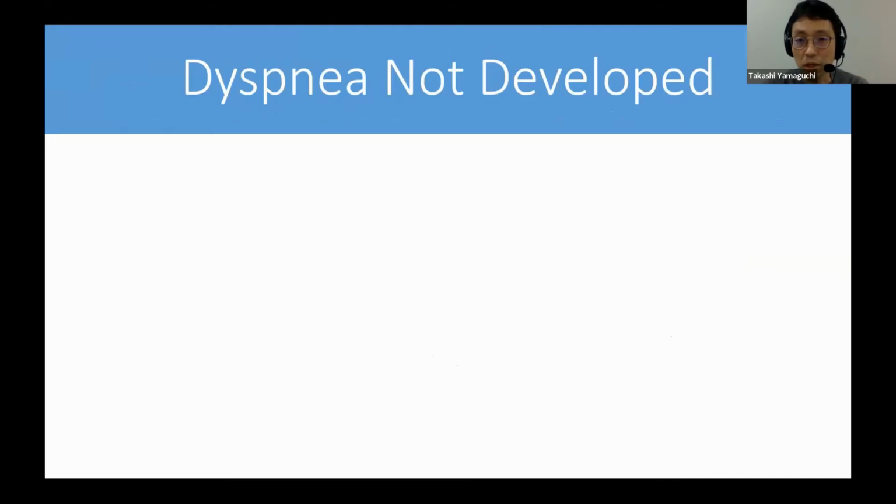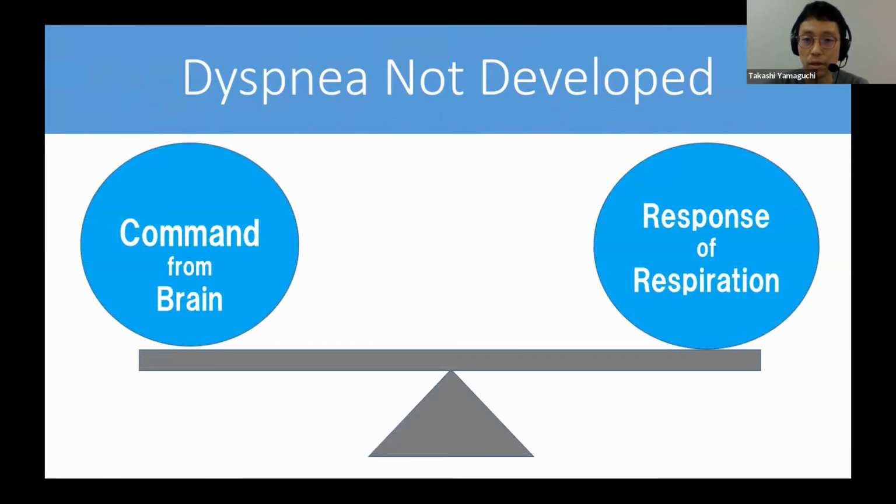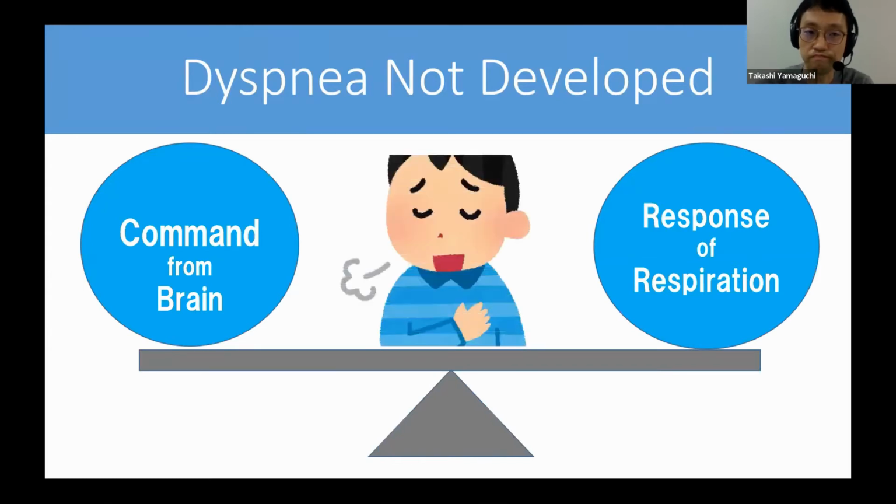At this moment, there is no rigorous conclusion about how dyspnea develops. But the most promising hypothesis is this. If the peripheral respiratory response is adequate to the central respiratory command, people do not develop dyspnea.